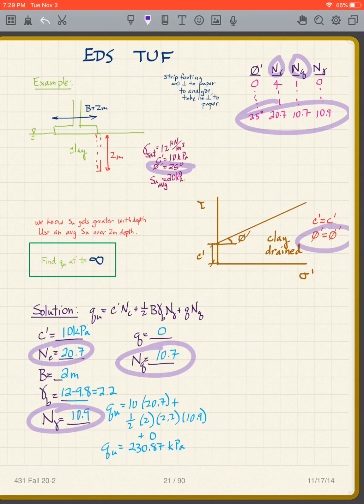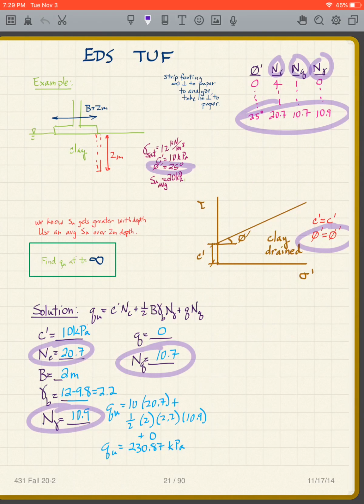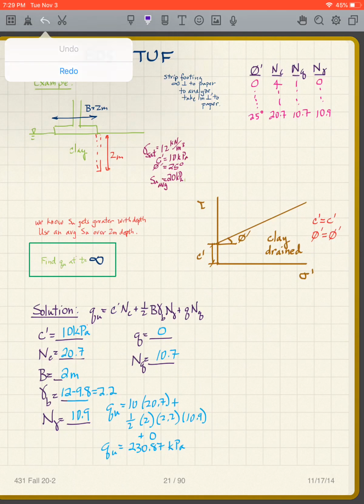NC, NQ, and N gamma, and I put them there. So very easy. So we can fill those in. Notice none of them are zero, so I don't eliminate any of my terms. So I now have my C prime. Well, C prime is C prime, and it's 10. So now I can just use the 10. The B is 2 meters.